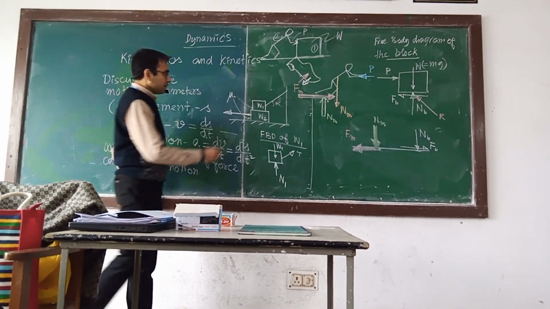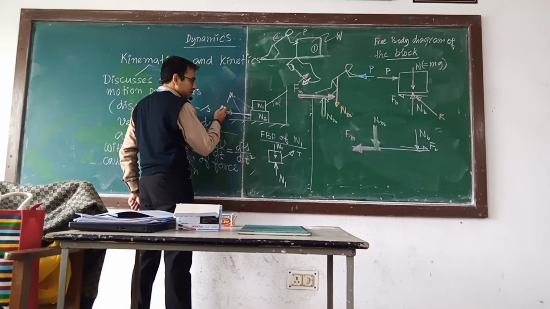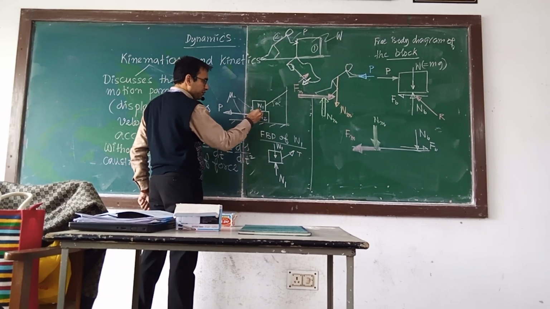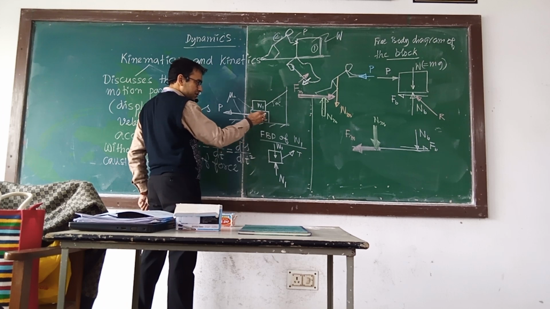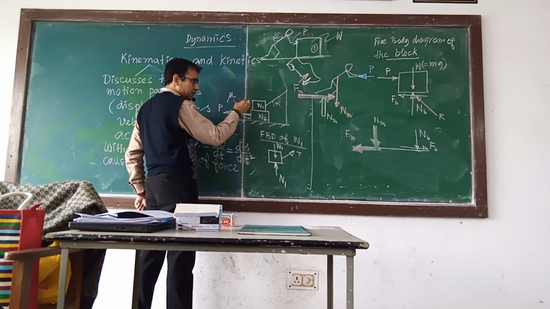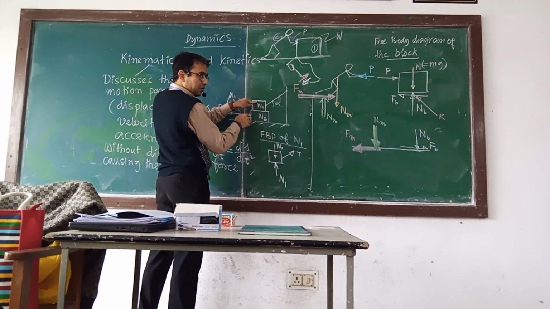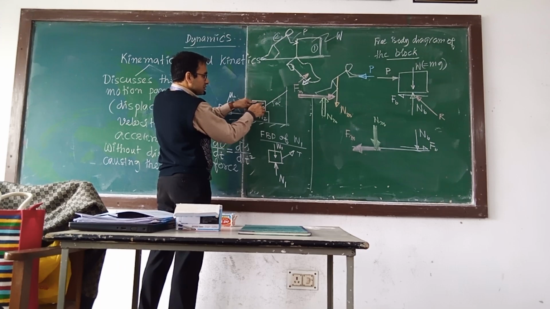And since I pull this, say this is P. I pull this, so there will be friction on this. So what will be the direction of friction? Can you tell? It is trying to be moved in this direction. So it will try to move this object also in this direction, but it is fixed. So relative to this, it will try to move in this direction, right? So what will be the direction of friction on this?